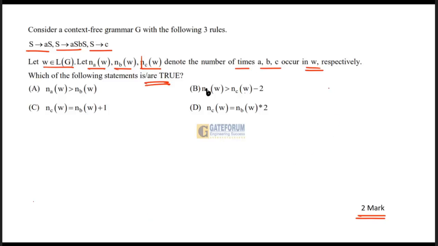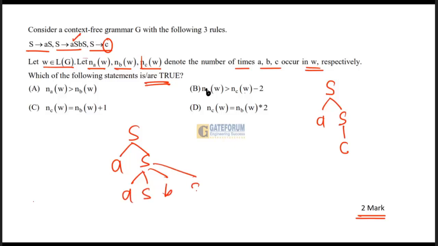So for that, if I start from S, then I can make a tree like this: AS. At any particular time, if I want to end, I will end it with C, which is a terminal here, right? So we can only terminate it with the terminal C. After that, one more tree is possible: AS, and if I want to derive it further in some other way, it could be like this: AS, BS.